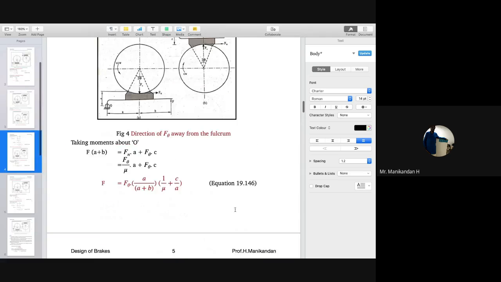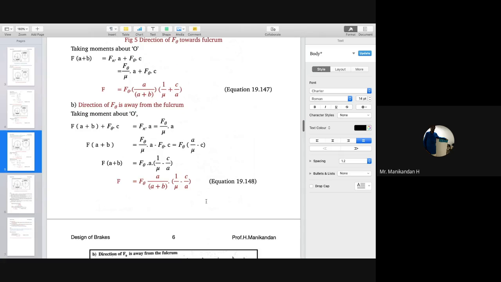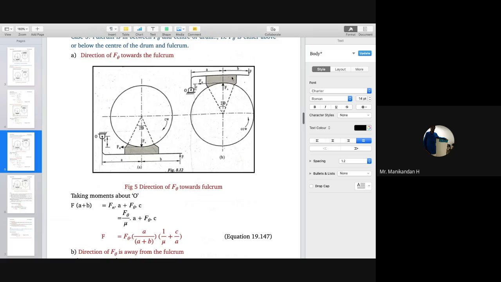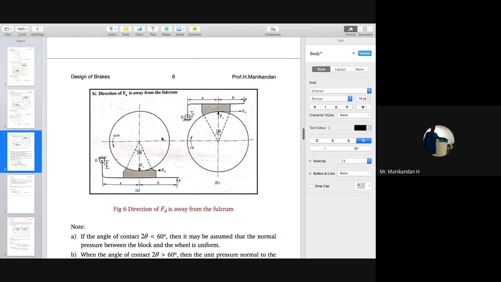Compare this, 147 and 148. This one has F theta towards the fulcrum; away from the fulcrum is this figure, which is how it is given in the question.